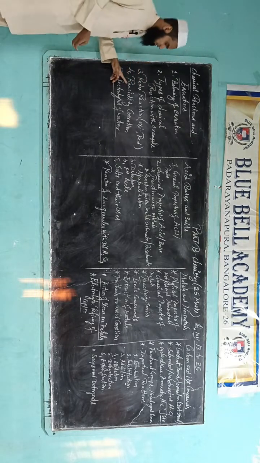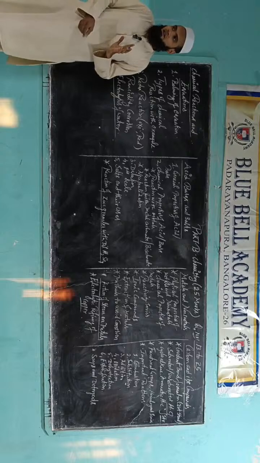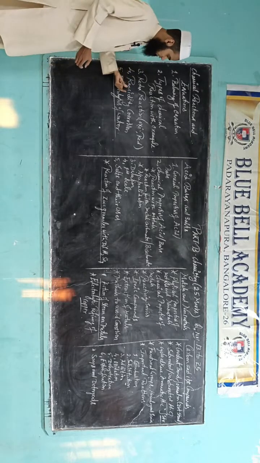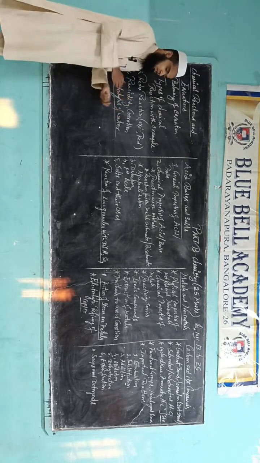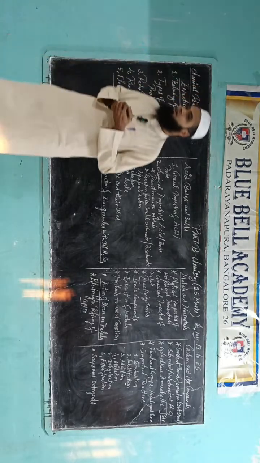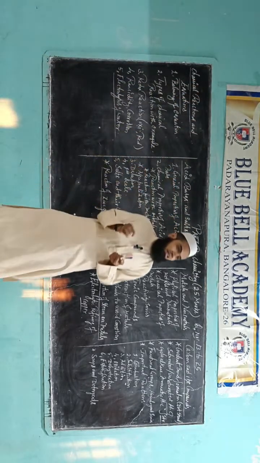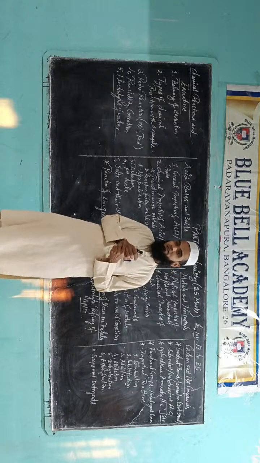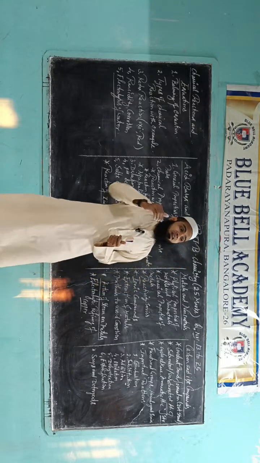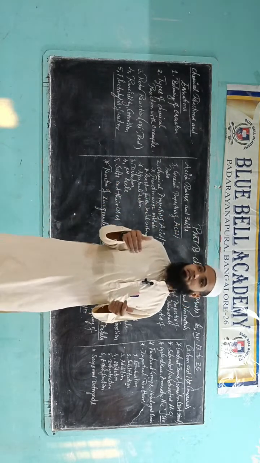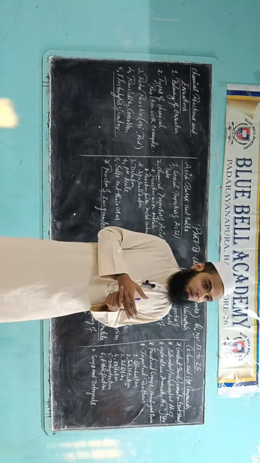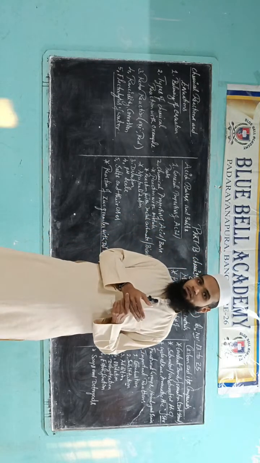Then the final thing to be learned in chemical reactions and equations is the rancidity and corrosion concept. What is rancidity and how to avoid rancidity? Which inert gas is used to avoid rancidity? Nitrogen gas.